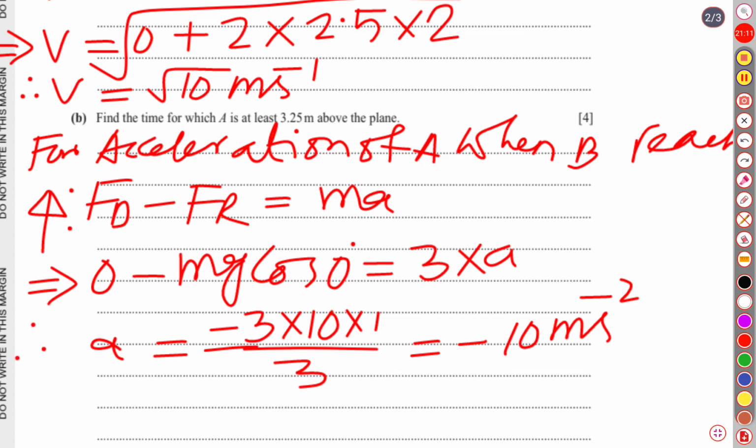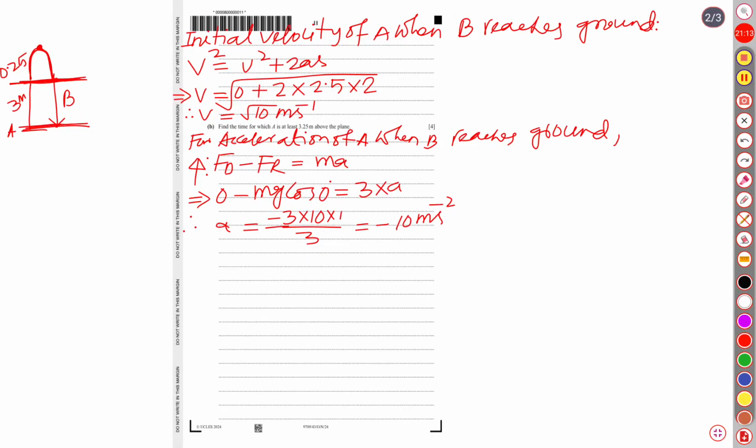Then we have already understood that when B reaches the ground, A was still moving up, and at greatest height, surely A will stop moving up and it will come down again.